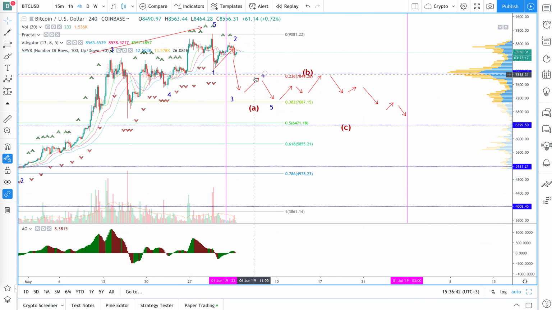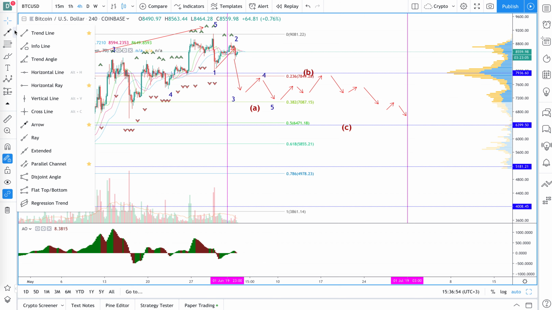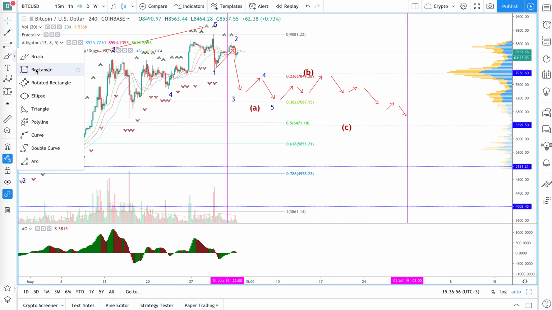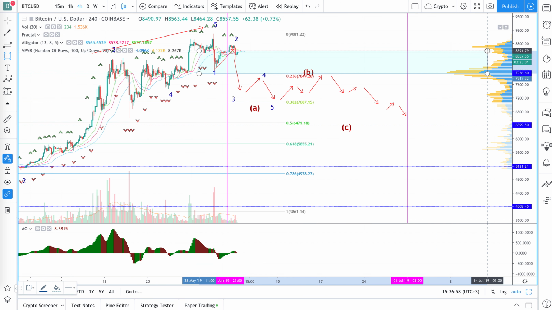This is also possible because based on the volume profile, there is a certain support to the price at the area of 7,900. So we can be just in the flat area in between those price levels.